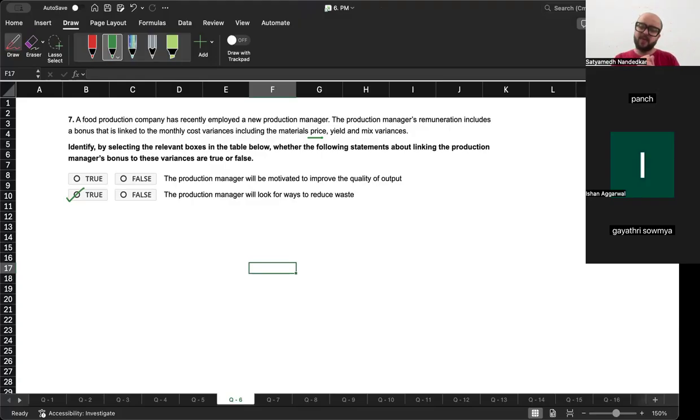Material yield variance matlab for the input output ratio has to improve. That means for the same quantity of input, you should be able to get a higher quantity of output. तो yield variance के लिए he will try to reduce the waste. Mix variance के लिए again, when will it become favorable? Think about it.